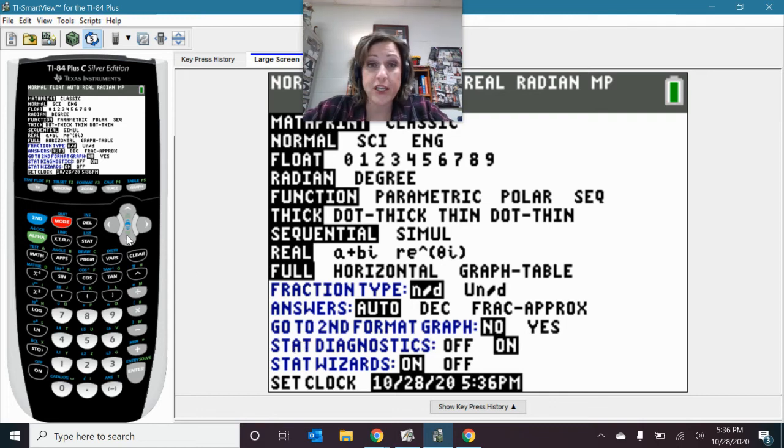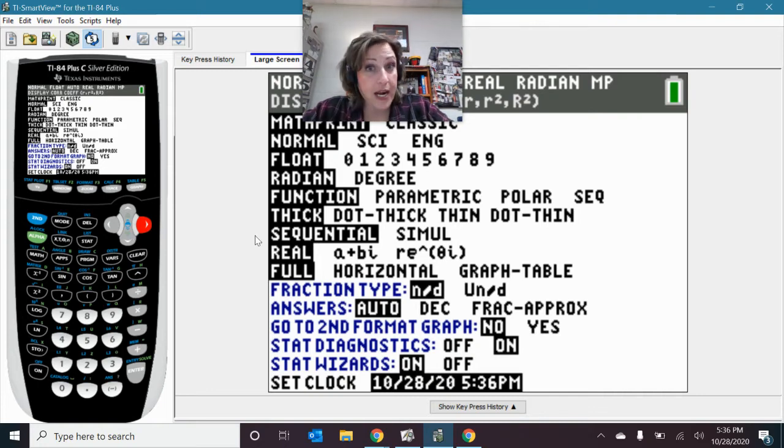If you are a regular calculator clearer, stat calc linreg or 712, whatever, stat calc 712, then guess what? Every single time you need to do this, you're going to have to come back to your mode and turn your stat diagnostics on because the calculator defaults to turning it off. So here we go, on.